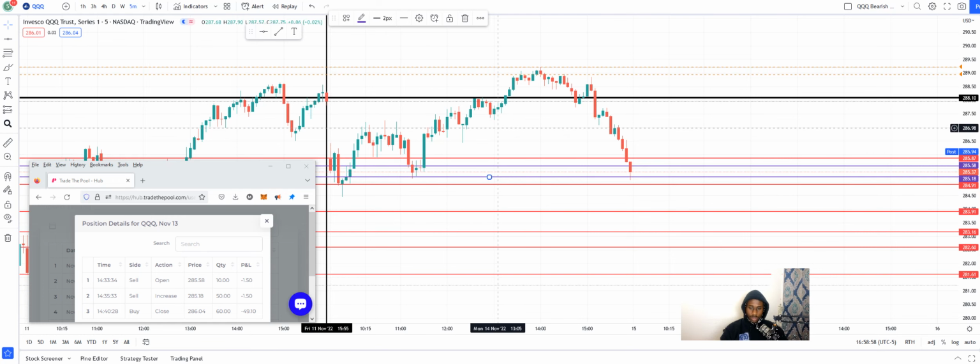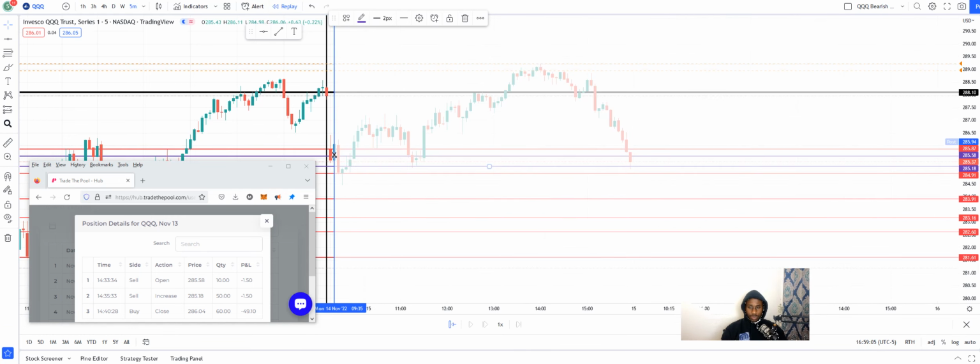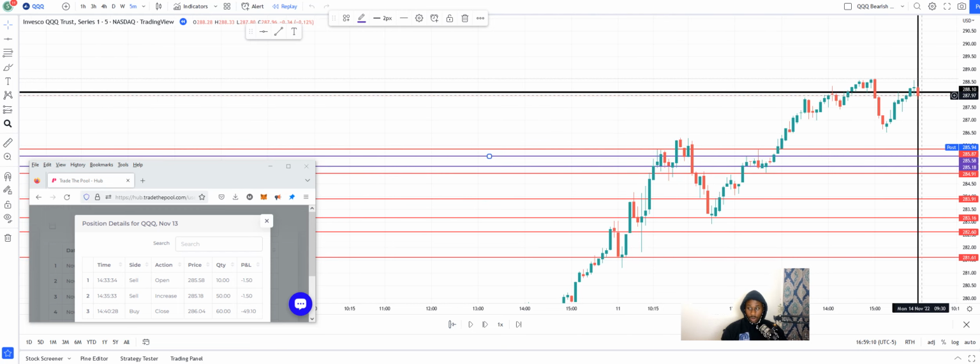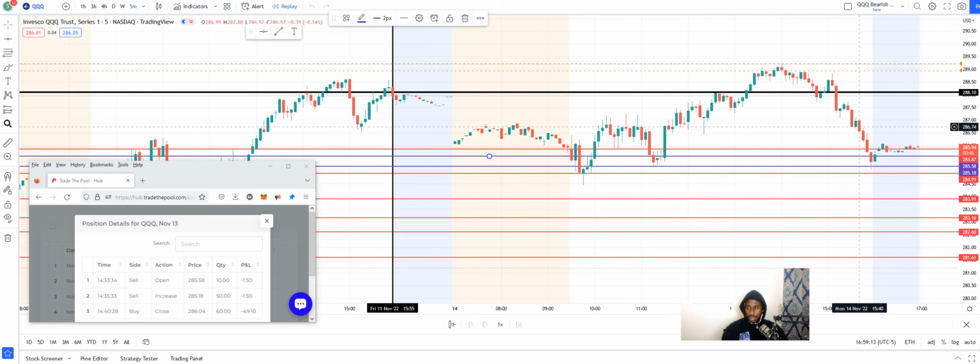So the thought process going into this, and let me take you back to where it was in the morning. This is where the market was, and then the market started to trend down.